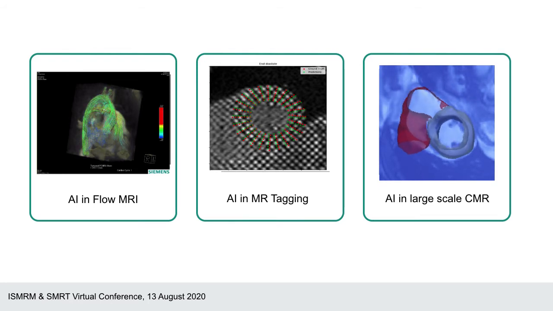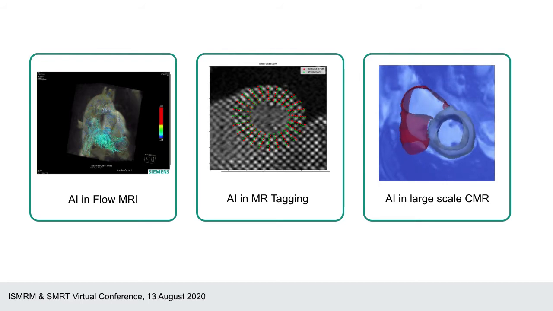And this will allow better quantification of blood flow characteristics and hemodynamics inside the heart chambers and the great vessels as well. In the second application, I will show how AI can automatically predict strain from MR tagging.